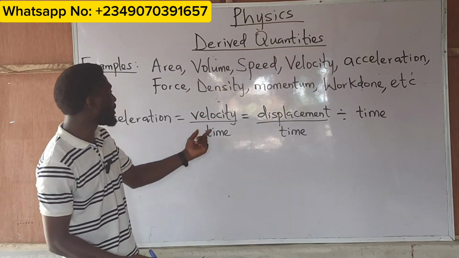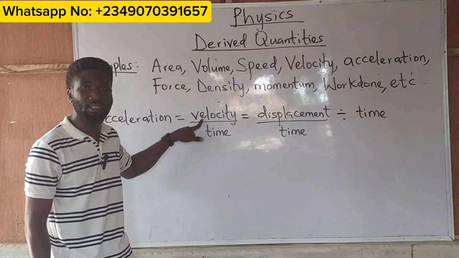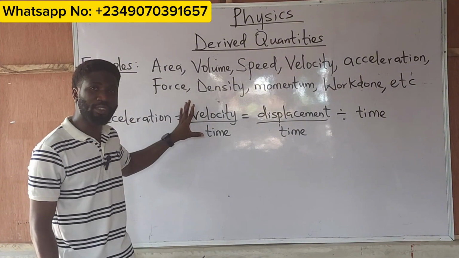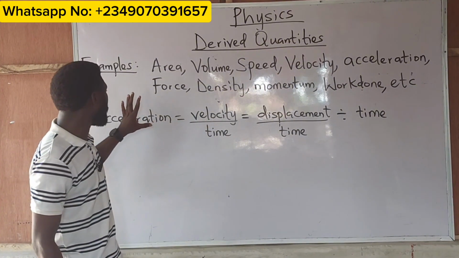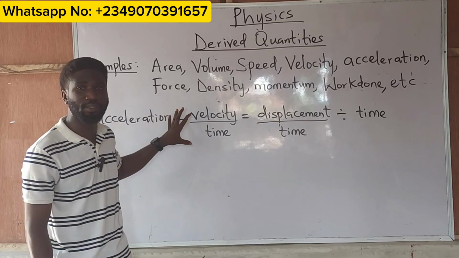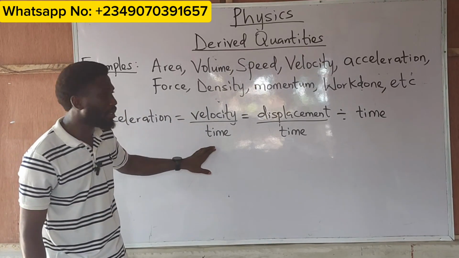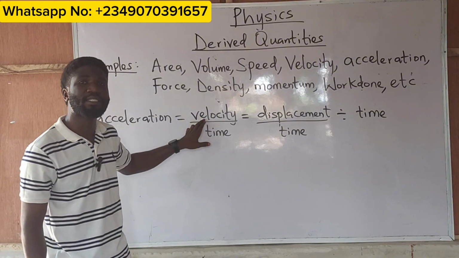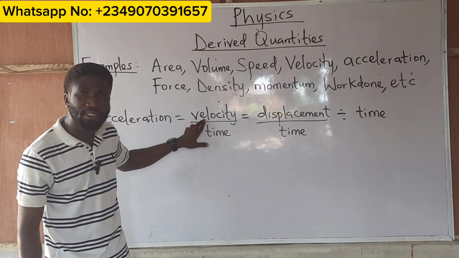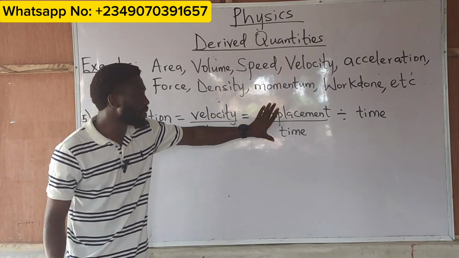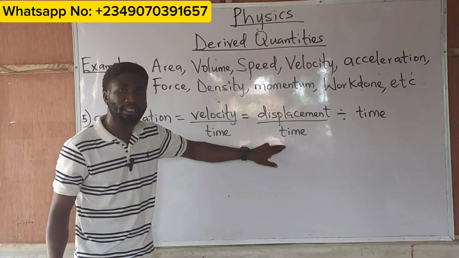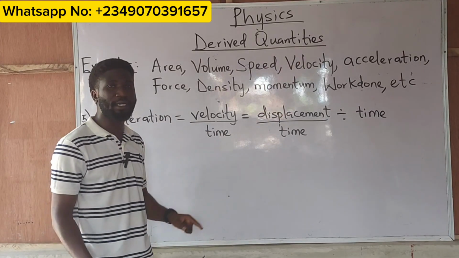Ideally, I would have just written out the unit for velocity, but I just want us to understand how we are going to have the unit for acceleration. Again, acceleration has its formula to be velocity over time. This velocity here is now a derived quantity. It has its own formula. So this is the formula: displacement over time, then divided by time.